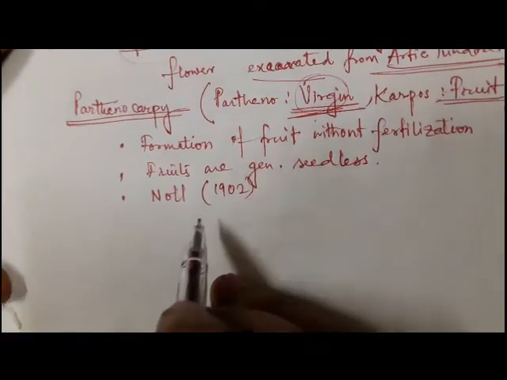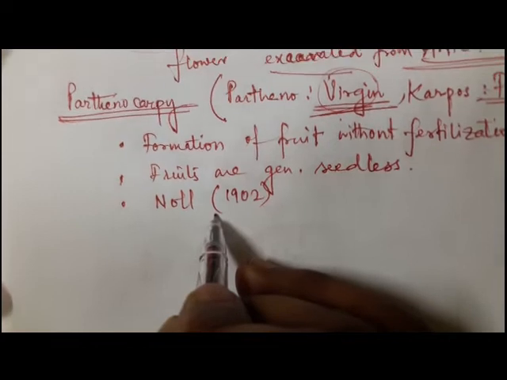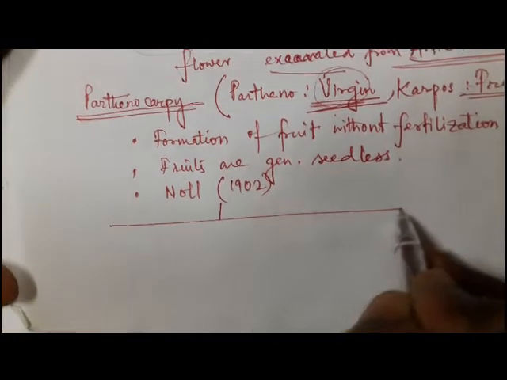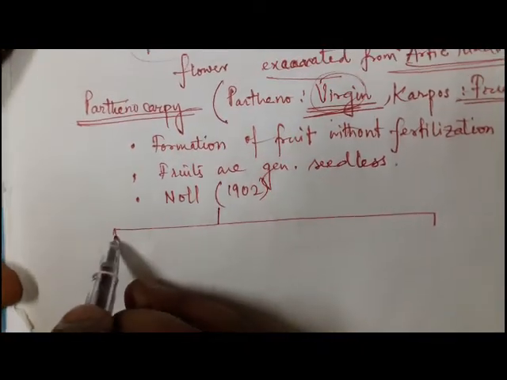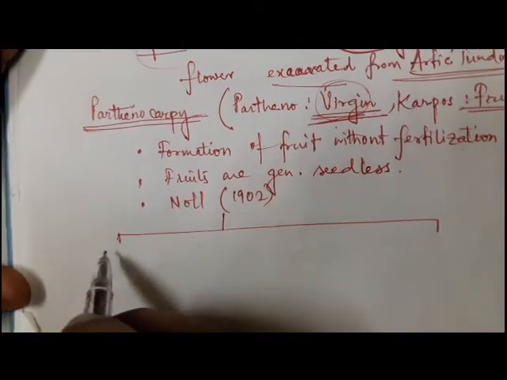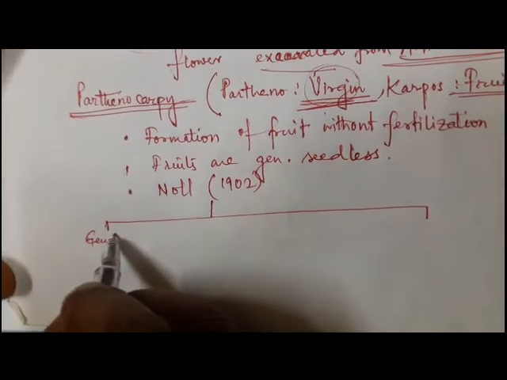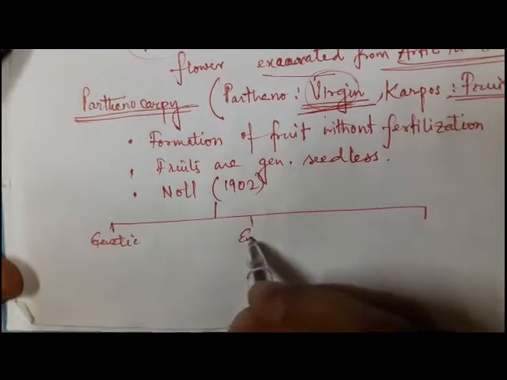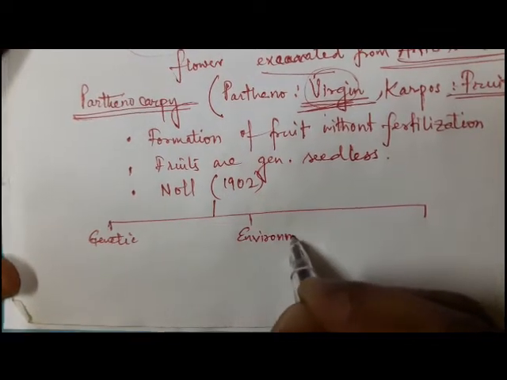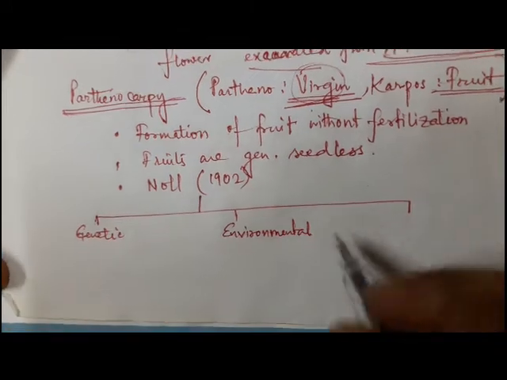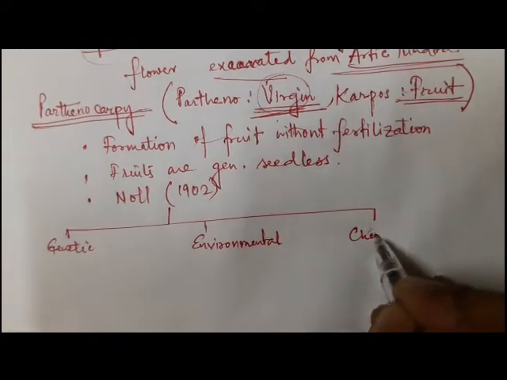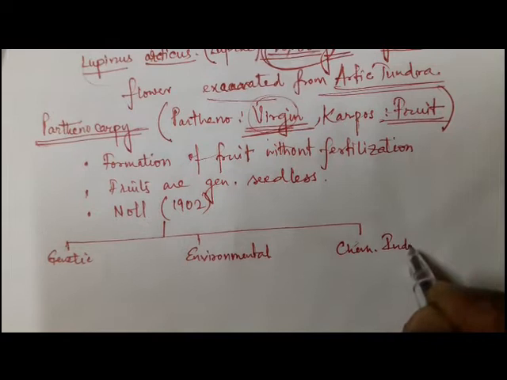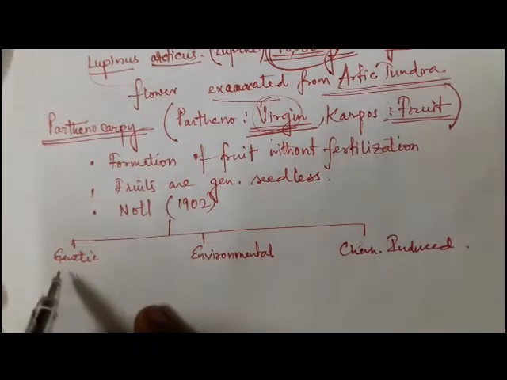And parthenocarpy can be explained in three categories. One is genetic, the other is environmental, the third category is chemically induced, right?